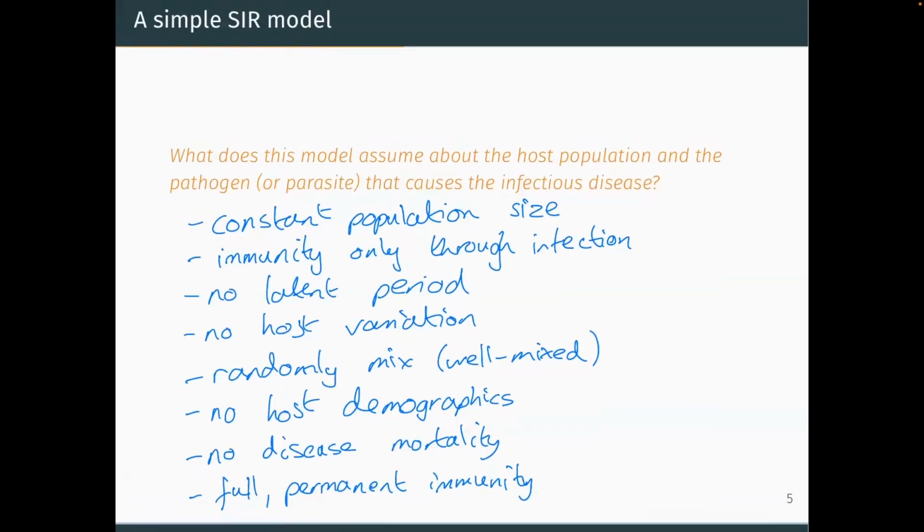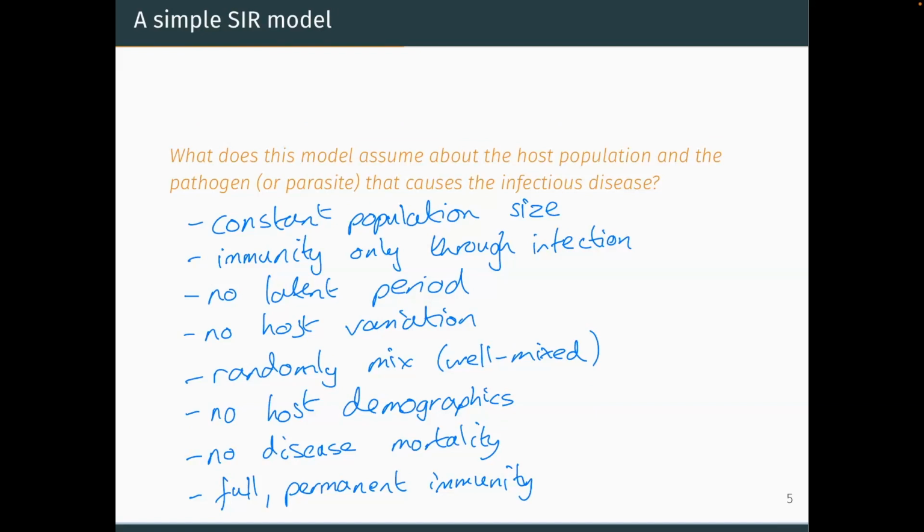But lots of things, like coronavirus, if you get infected with that, your immunity will wane. The picture's a little bit more complicated because SARS-CoV-2 is evolving rapidly as well, so it's also evading immunity. But even if that wasn't happening, the immunity does wane after a period of time. Also, in sexually transmitted infections, things like gonorrhea, chlamydia, there's no permanent immunity. So after you recover from them, you're immediately susceptible again.